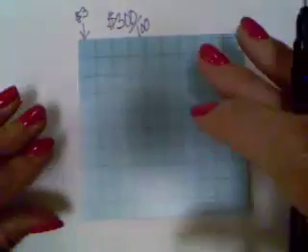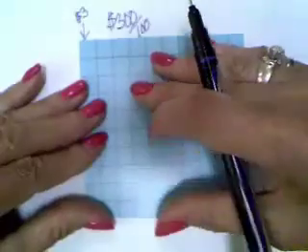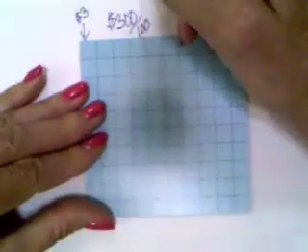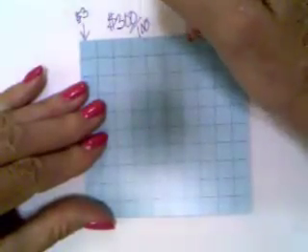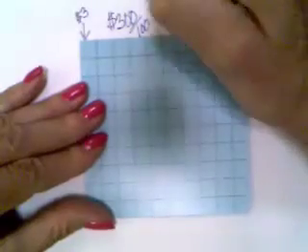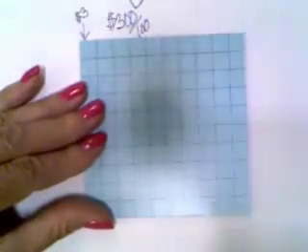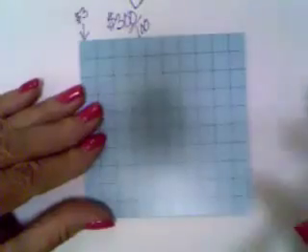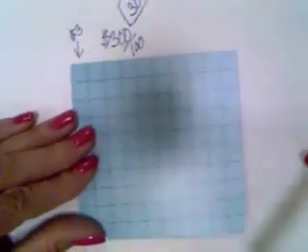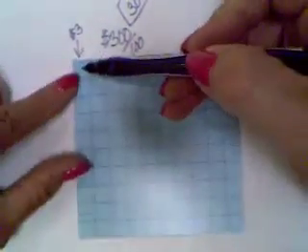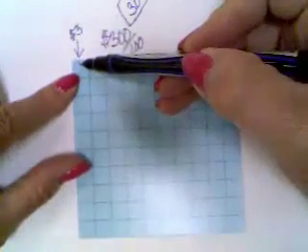So let's say now Grandpa's decided that he's going to pay 30% of the price. Well, we just said that one square is worth $3.